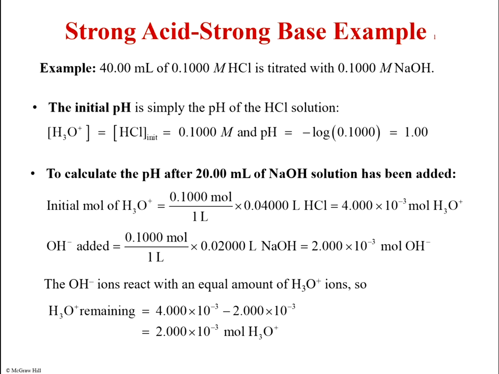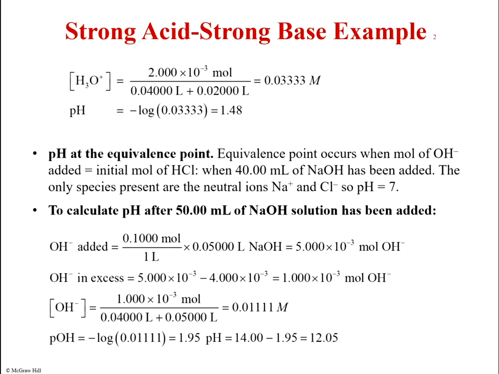So we get 2 times 10 to the minus 3 moles of hydronium, from which we can calculate the pH. We take this and we divide by the total volume, which is our 40 mL of acid plus 20 mL of base. And we have 0.03 molar hydronium, so our pH is 1.48.